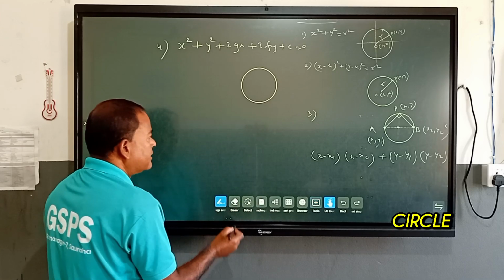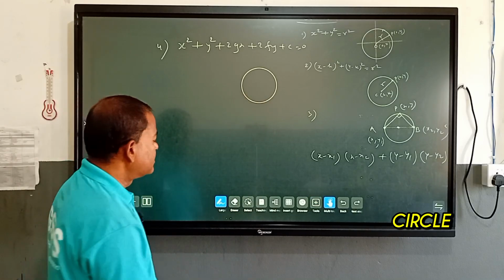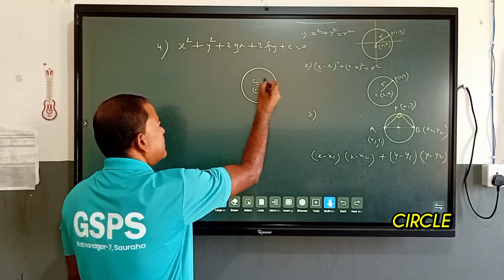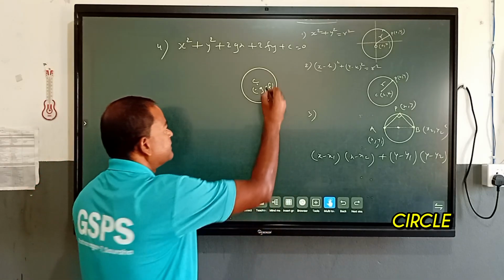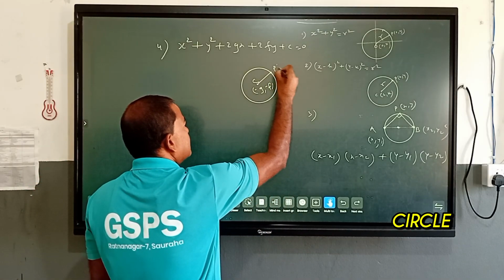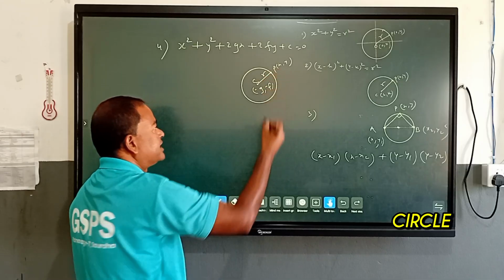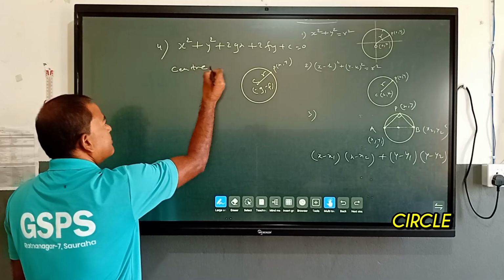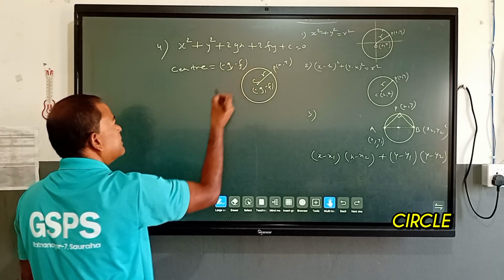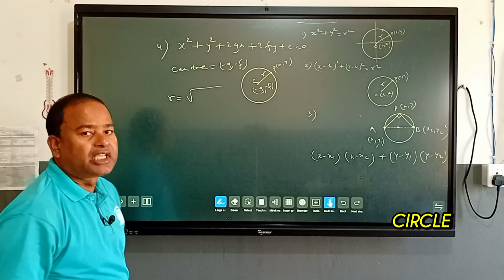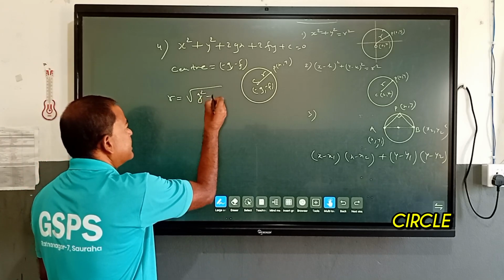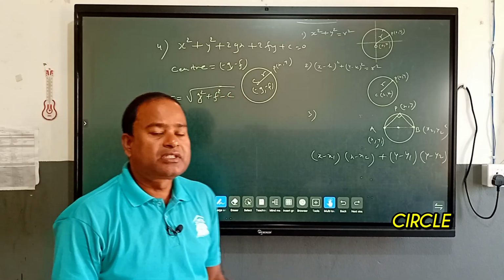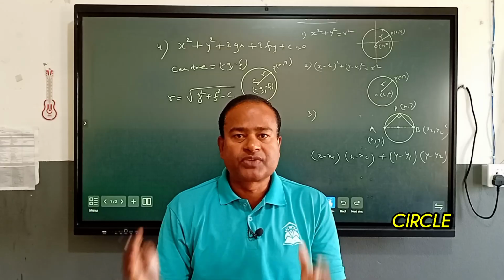In this case, the center of the circle is at the point minus g comma minus f, and the radius, that is CP, is equal to the square root of g square plus f square minus c. So altogether we have 4 formulas to find the equation of a circle.